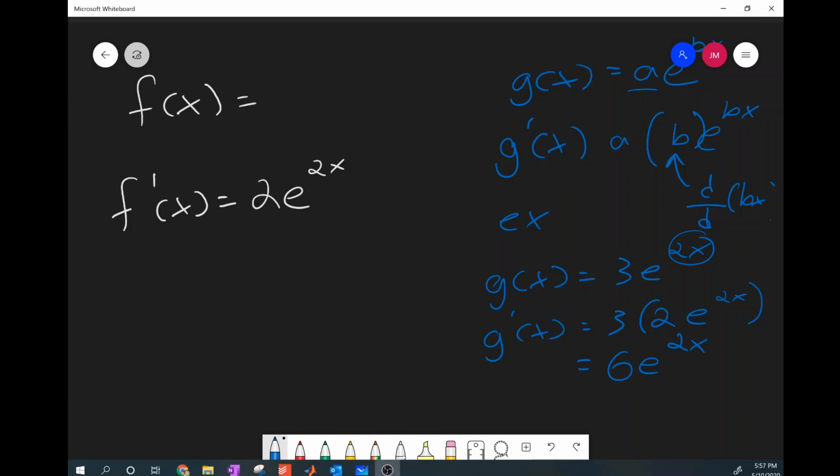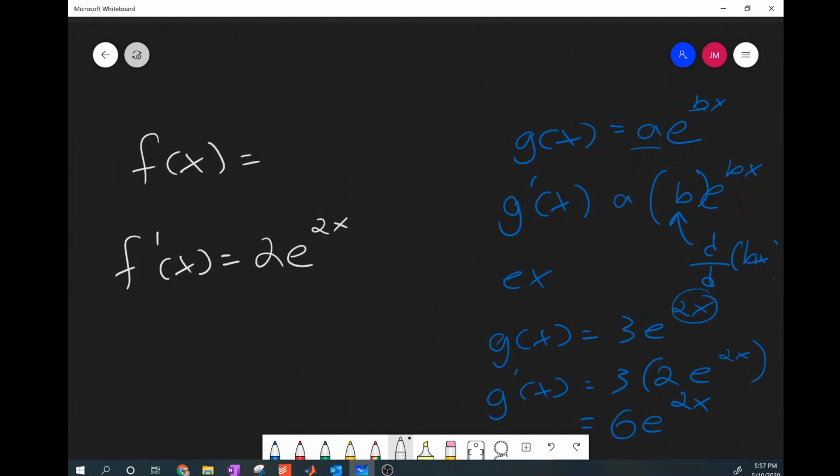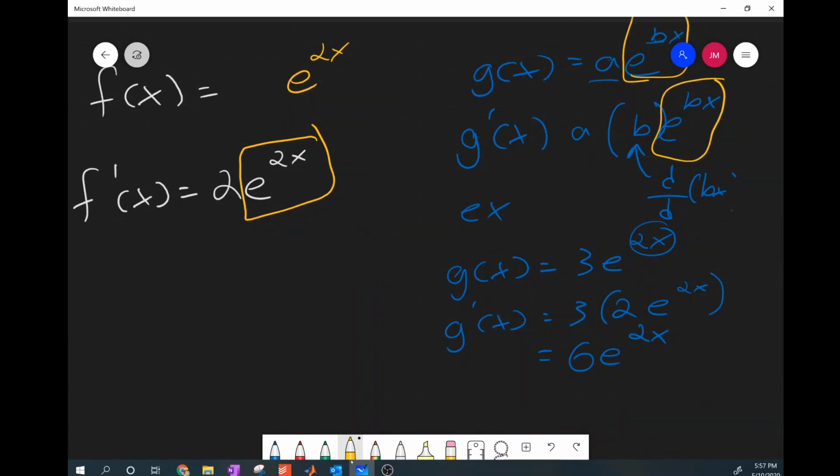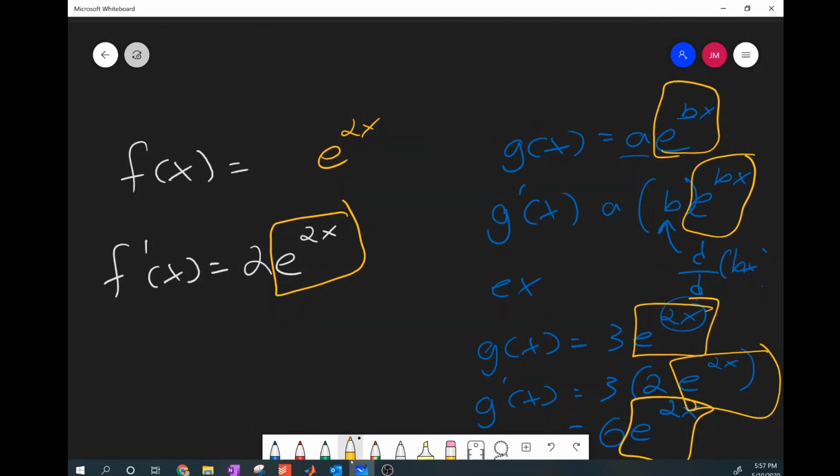So if we look back at my original part, we know that the e to the 2x is going to be in my original function. We can see that e to the bx is still there, e to the 2x is still there. So the e to the 2x is still going to remain in my original function.